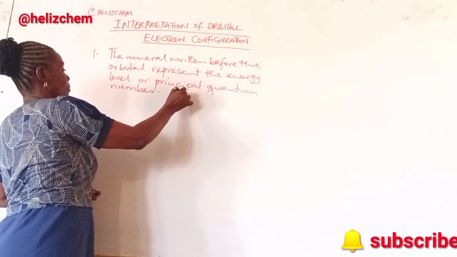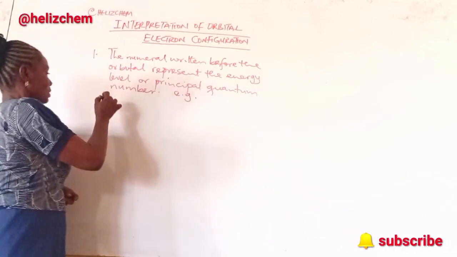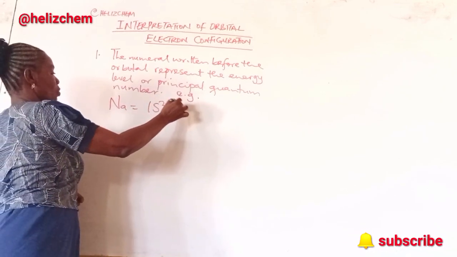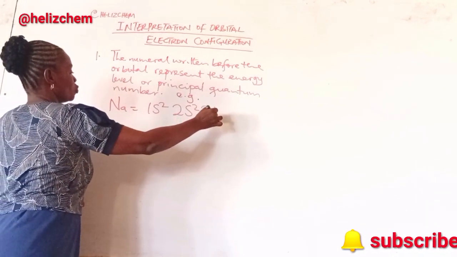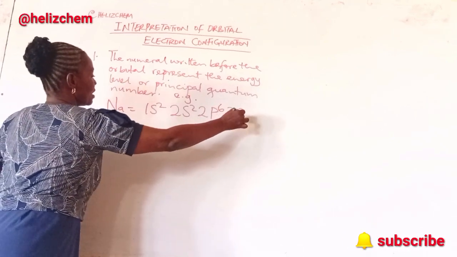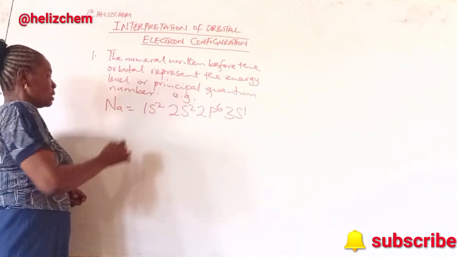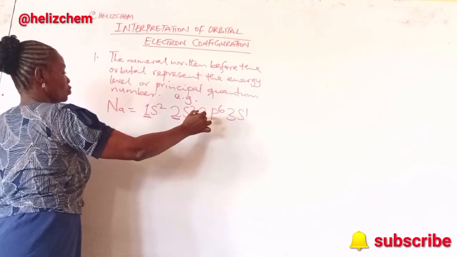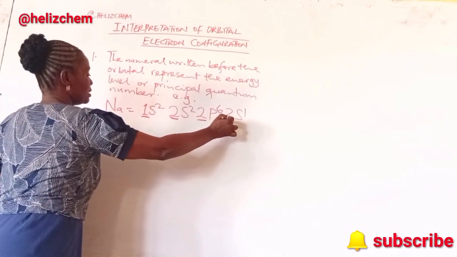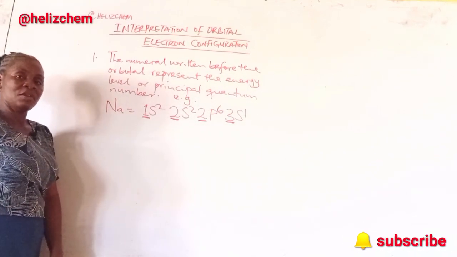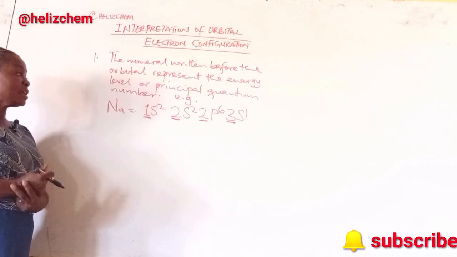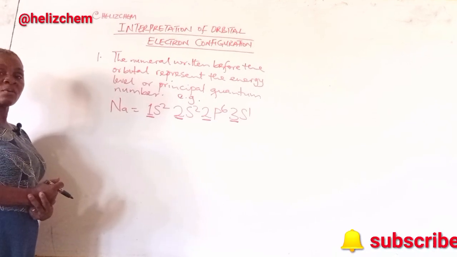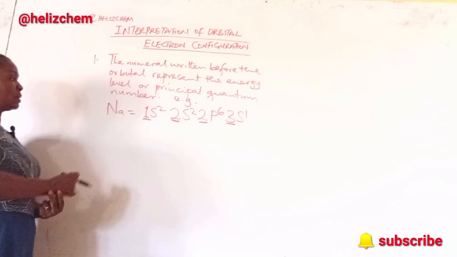For example, sodium: 1s2, 2s2, 2p6, 3s1. All these numerals 1, 2, and 3 represent the main energy level, or what we call principal quantum number.